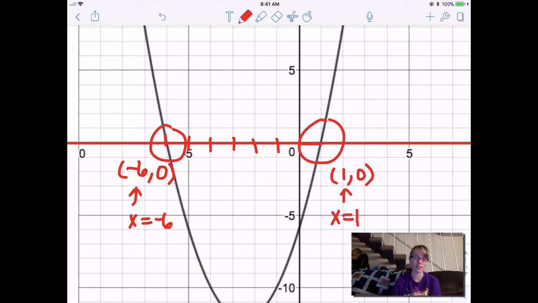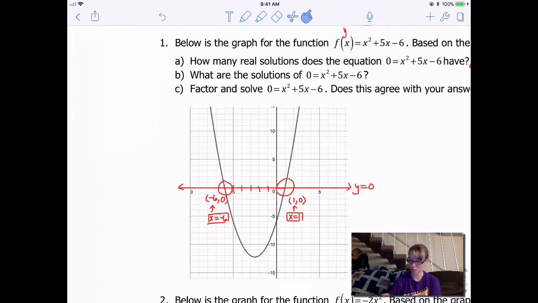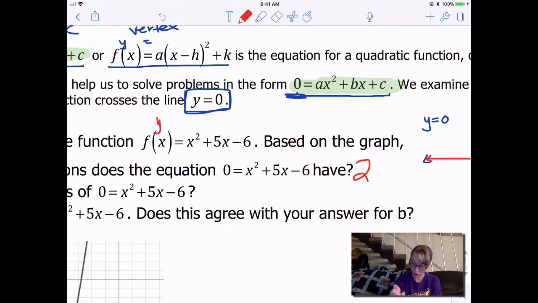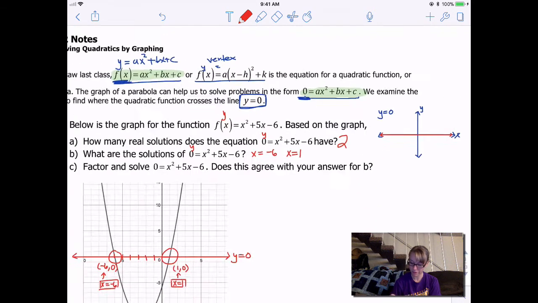That's when y is going to equal 0. So these two we can call our solutions to that equation. So again, we know what y is equal to. Our y is equal to 0 and 0. So our x values were negative 6 and positive 1.